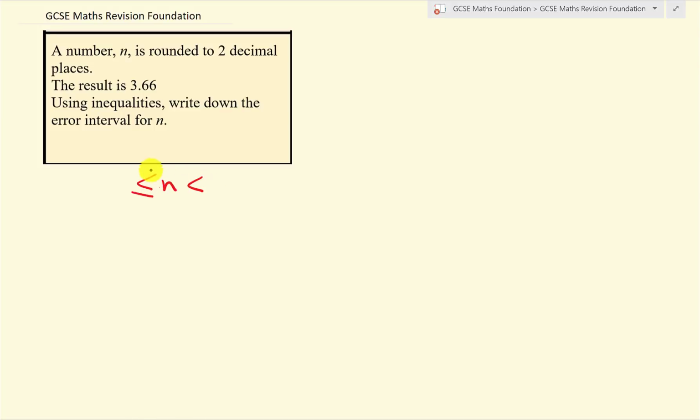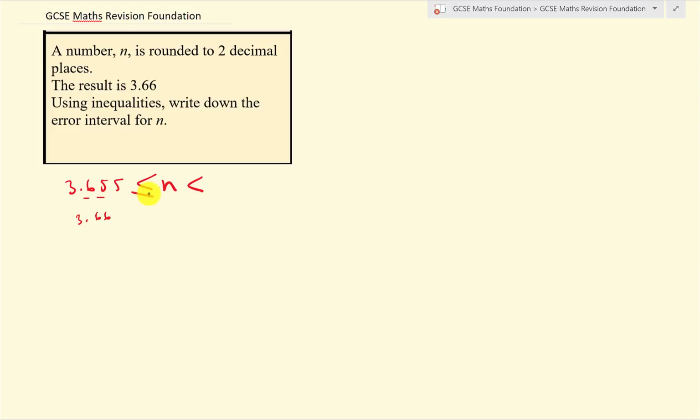Okay, so n can be greater than or equal to 3.655. Now if you round 3.655 to 2 decimal places, then we add 1 to that, so that becomes 3.66.